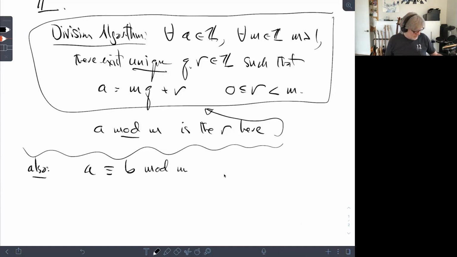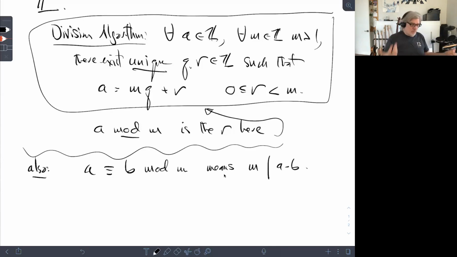It's a binary relation on integers. So a is congruent to b mod m. This means the definition that we gave is that m divides the difference. And we proved a lemma that said this is the same as saying that the remainder when you divide a and b by m is the same.